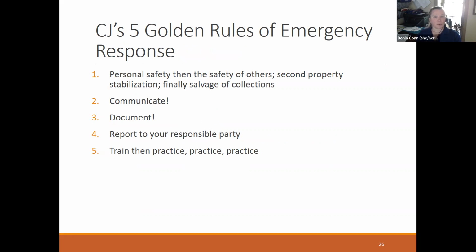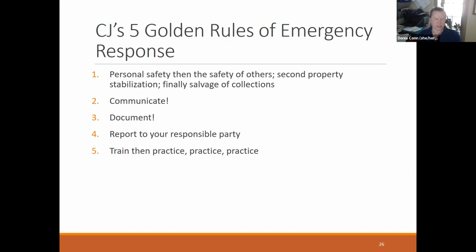So I want to now reiterate CJ's 5 golden rules of emergency response because they really are important and they're a great way to summarize what we have been talking about in our webinar today. So we have our strategic priorities. Personal safety is number 1.